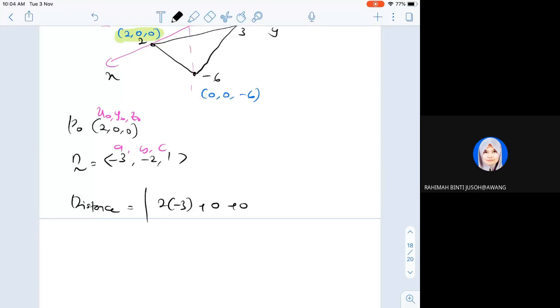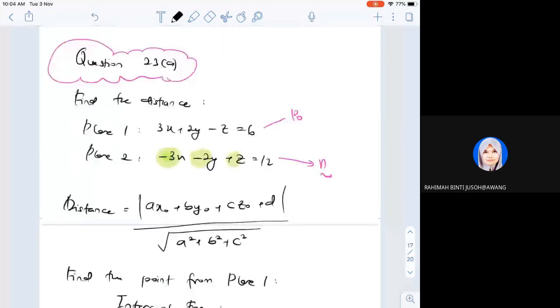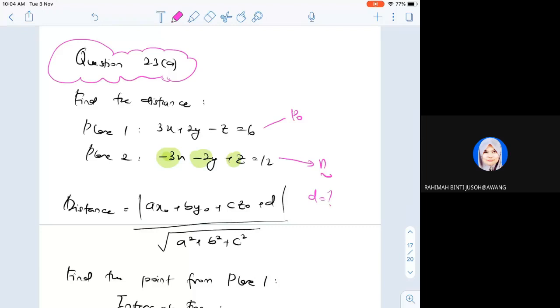Okay, what is d now? D kita nak ambil daripada mana? Plane 1 ke plane 2? What is D? D should be taken from? Plane 1. Plane 2 lah. Plane 2. Okay, plane 2 guys, plane 2 bukan plane 1. Kenapa D daripada plane 2? Sebab kita kan ambil normal vector daripada second plane.